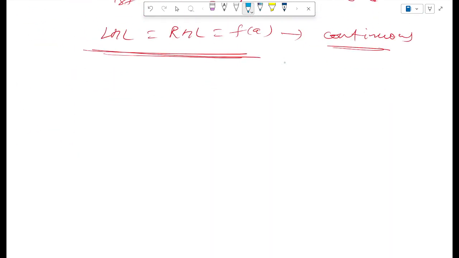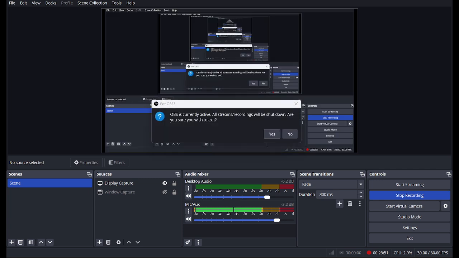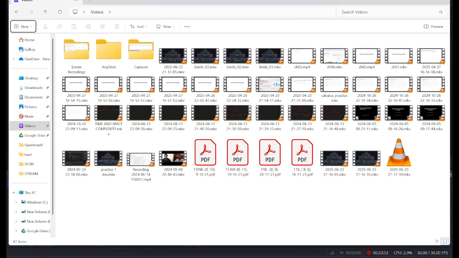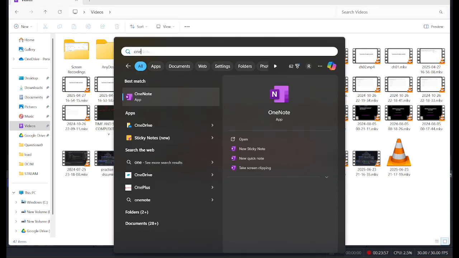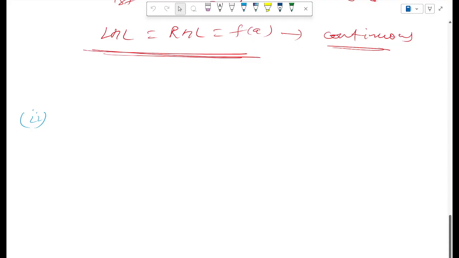Now let's take another example to get a better understanding. Let's define our function as f(x) equal to, this is also a piecewise function.